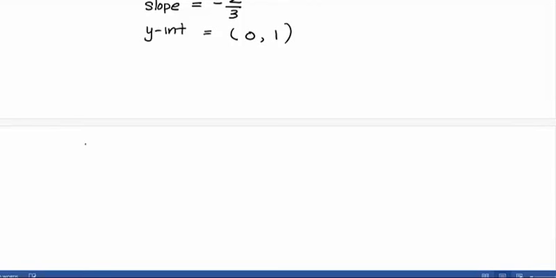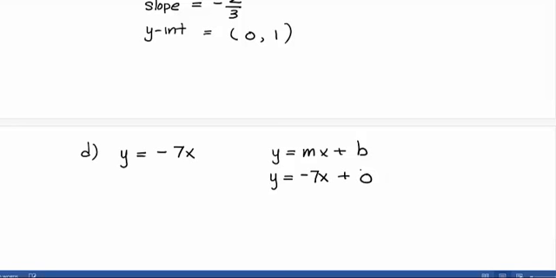And then one more example. If I have the equation y equals negative 7x, that's kind of like what I'm looking for, y equals mx plus b. This is like y equals negative 7x, and I can add as many zeros as I want, so it's almost like adding a 0 there. Now my slope is just the coefficient of my x term, which is negative 7, or negative 7 over 1.